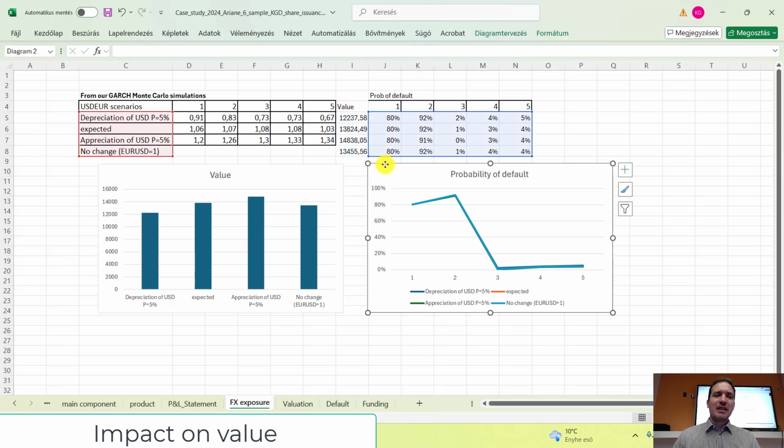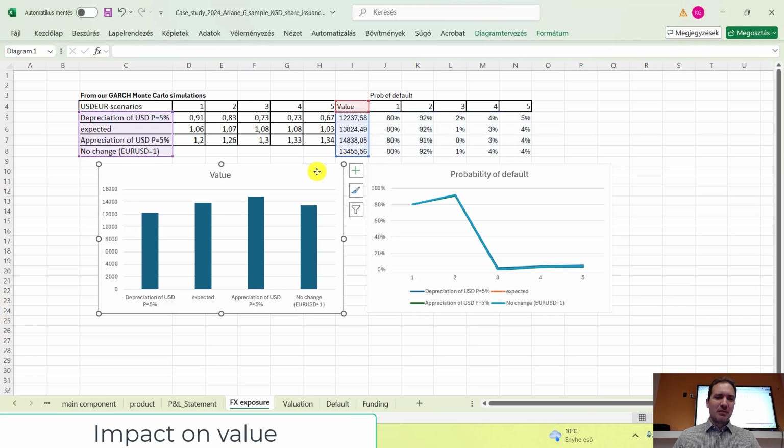So we could say that, okay, in terms of risk, we don't have much. In terms of valuation, we can see that, yes, some kind of fluctuation can happen, but that's all.